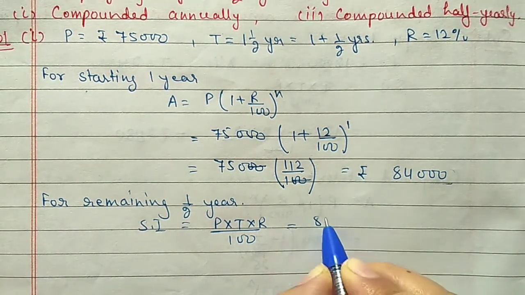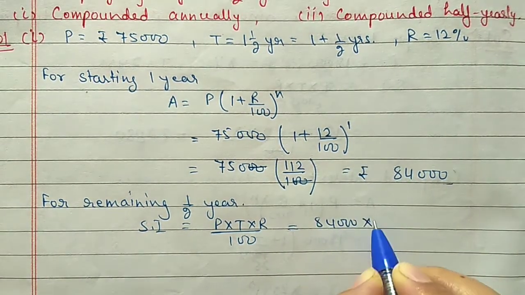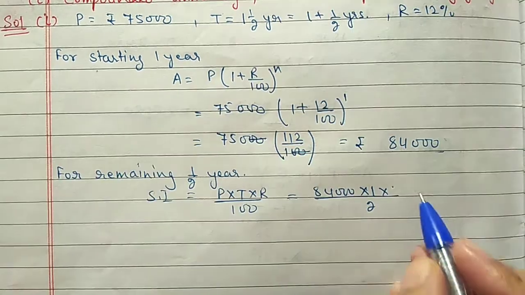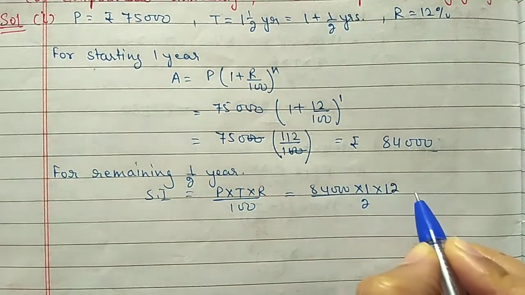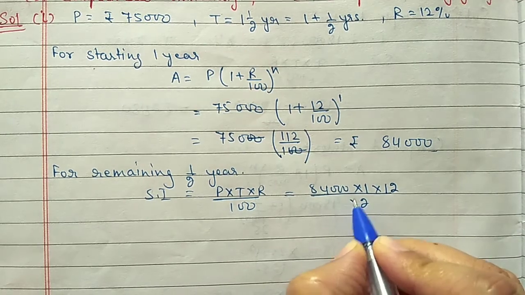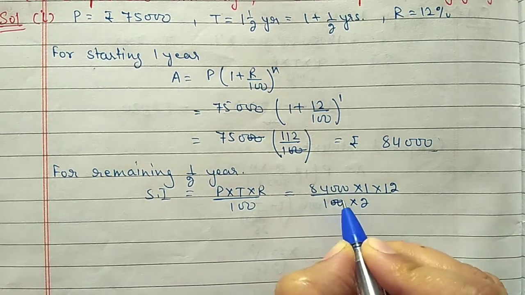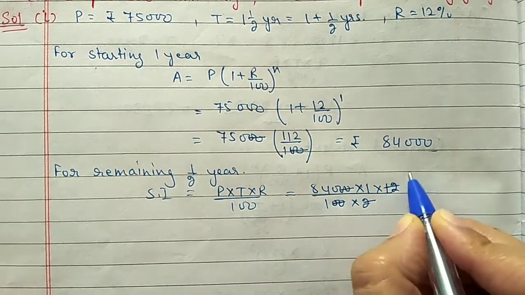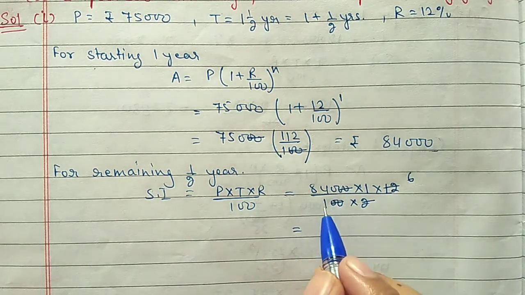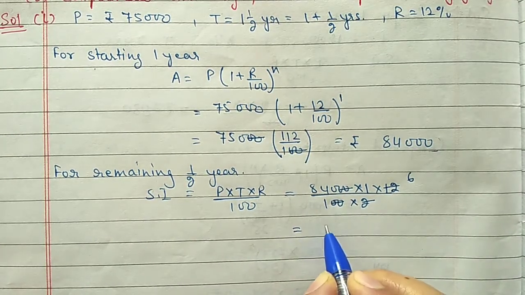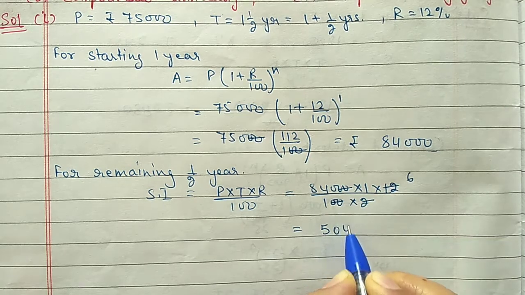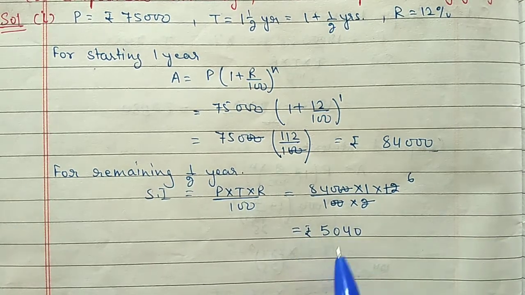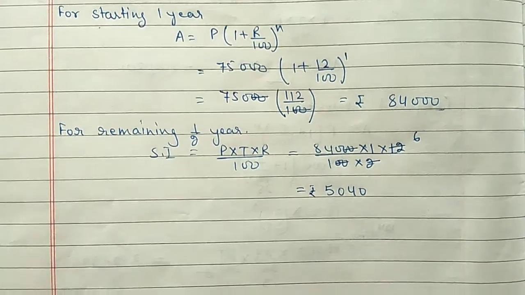So 84,000, time is half year means 1 by 2, into 12% divided by 100. So two zeros we can cancel and two sixes we can cancel, and after multiplication you will get 5040. So simple interest for half year is 5040 rupees.